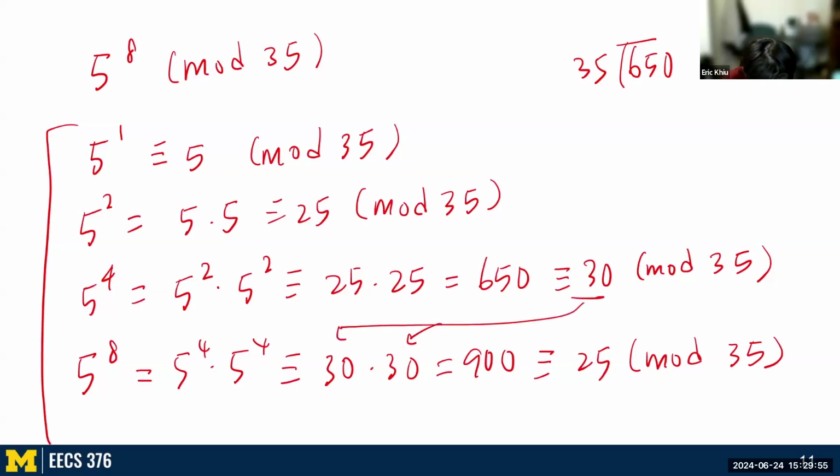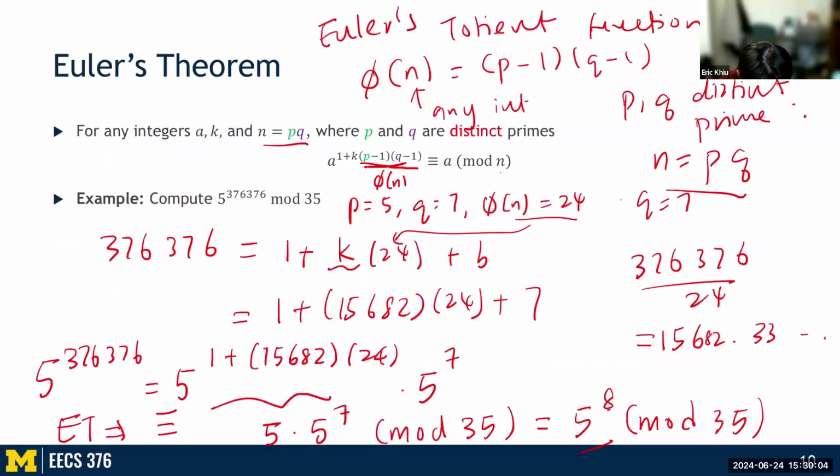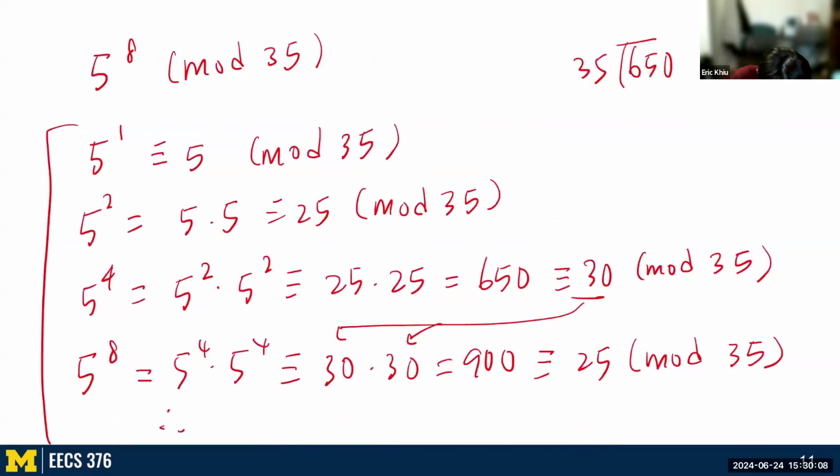I don't have to keep squaring the number until it's really, really big. Therefore, 5 to the 376 is equivalent to 25 in mod 35.